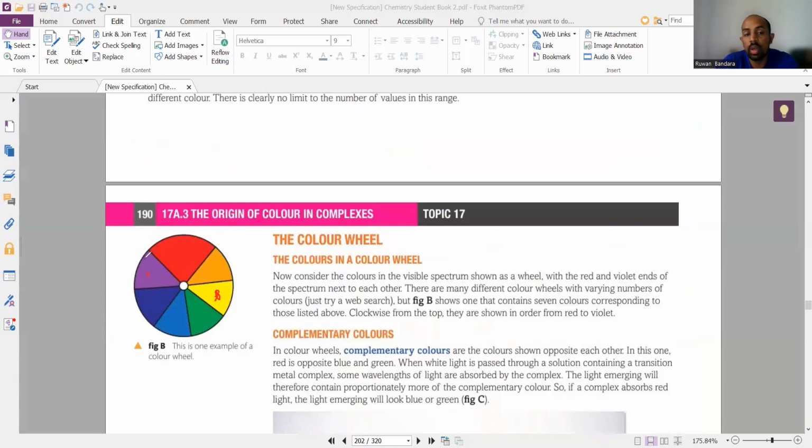If it absorbs purple color, you can see the yellow color. Right? Clear?